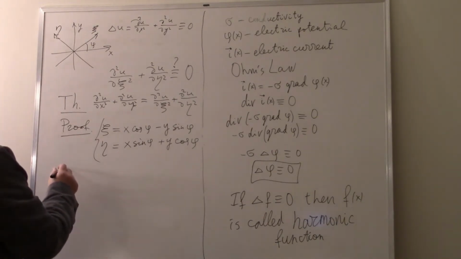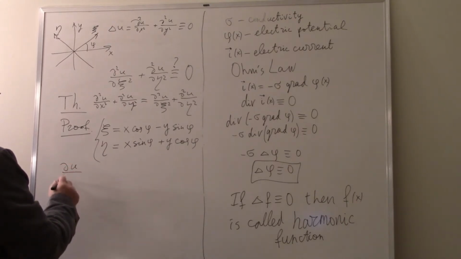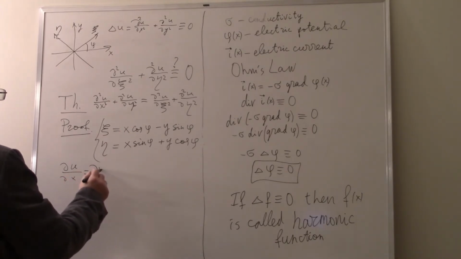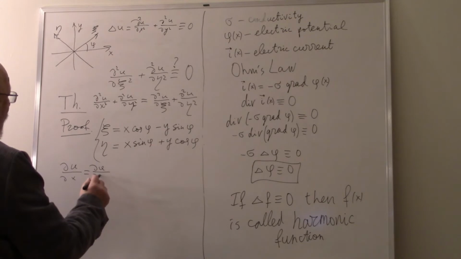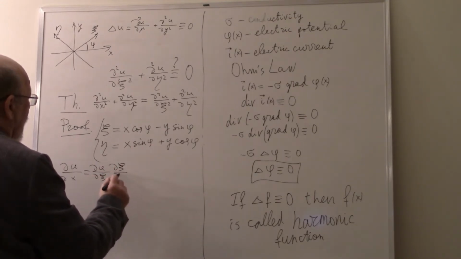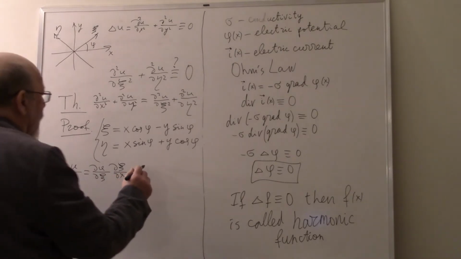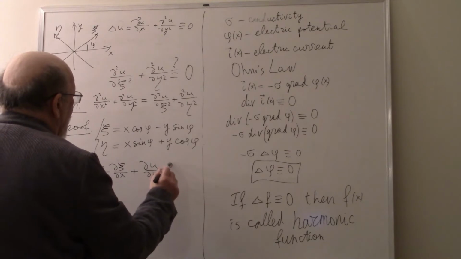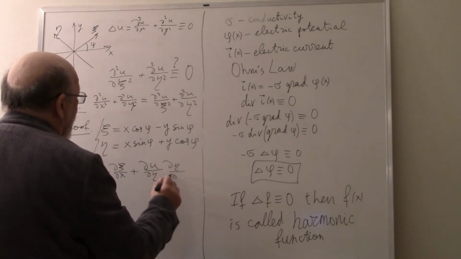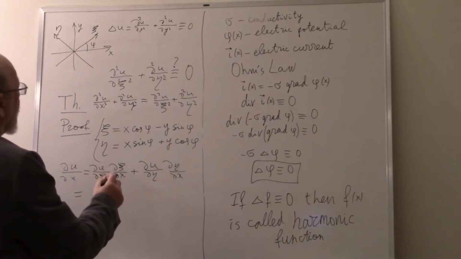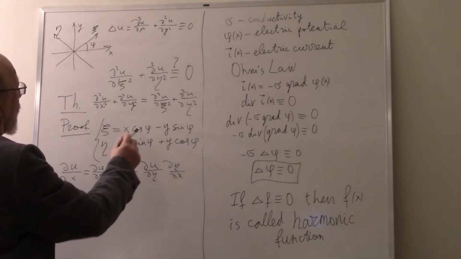So du dx equals du d psi times d psi dx plus du d eta times d eta dx. d psi dx from this is cosine phi.